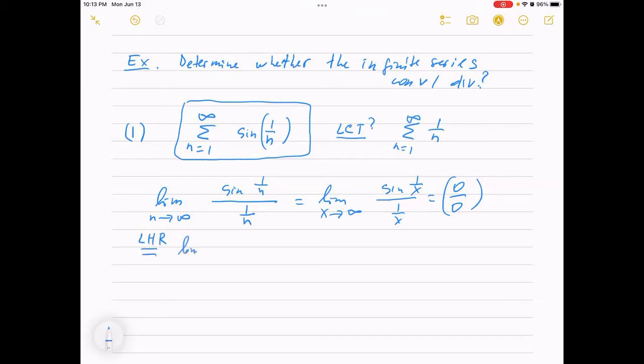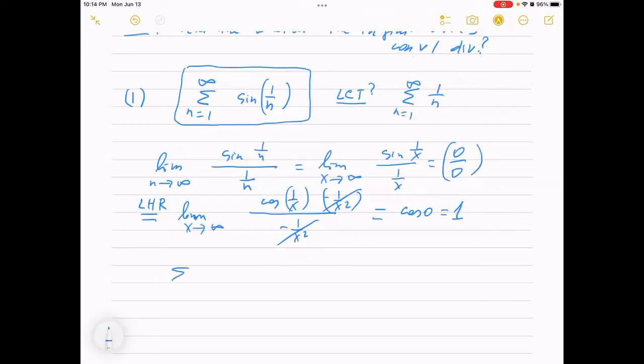Limit as x approaching infinity. The derivative of sine is cosine, and the derivative of 1 over x is negative 1 over x squared. The derivative of 1 over x in the denominator is also negative 1 over x squared, so they cancel out. Substituting infinity for x, we get cosine of 1 divided by infinity, so cosine of 0, which is 1.